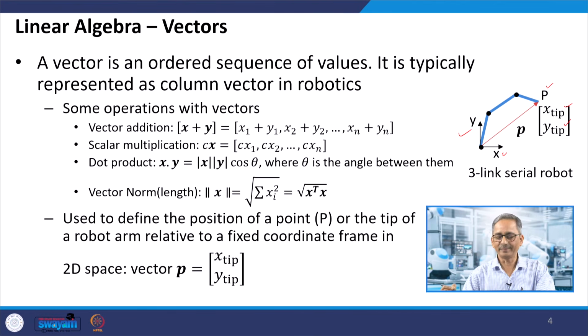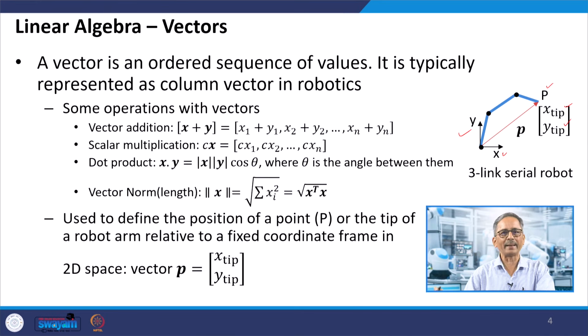This vector is an ordered sequence of values, and in robotics we usually represent it by a column vector or a transpose of a row vector.